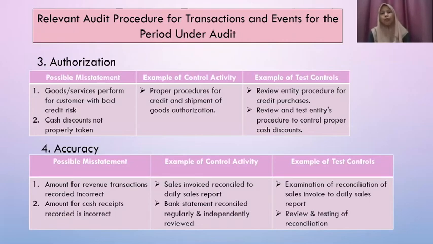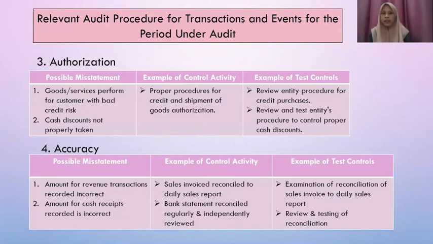When the amount of revenue transactions is recorded incorrectly, it is possible that if the amount is a large sum, a material misstatement could occur. Next, the amount for cash receipts recorded is incorrect.